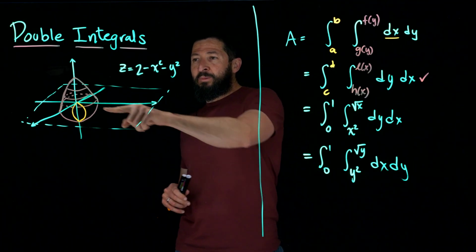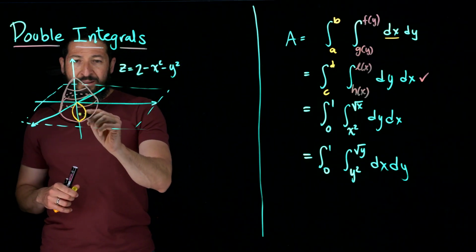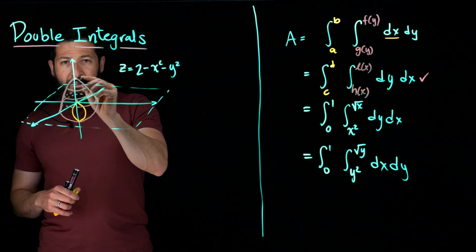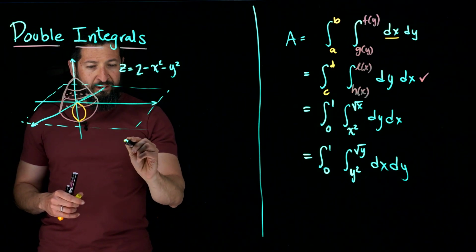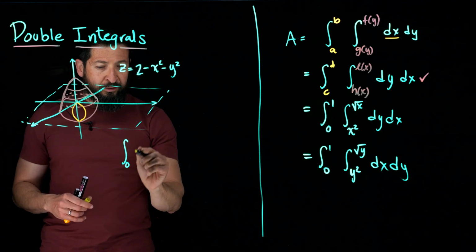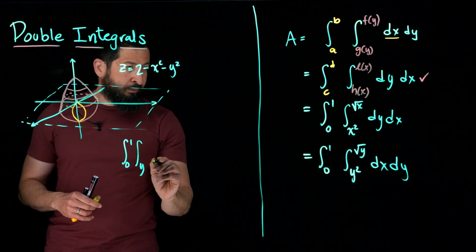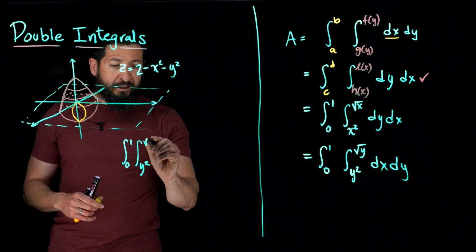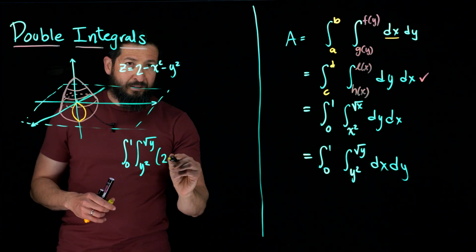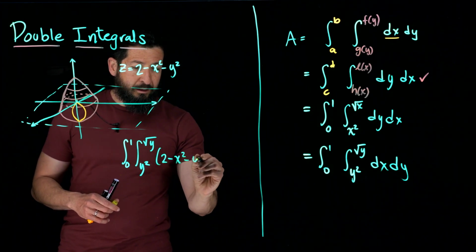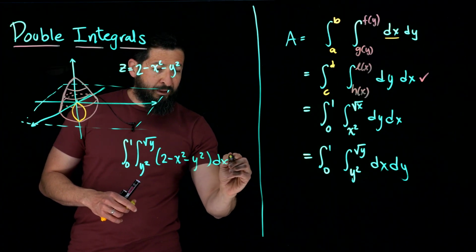Now, why did I superimpose that on that region? Because I'm going to look at what happens when you integrate this function over this region. So now that we have the endpoints for our intervals for a region, we can rewrite it. And if we put this function z, in which order did I write it? dx dy.